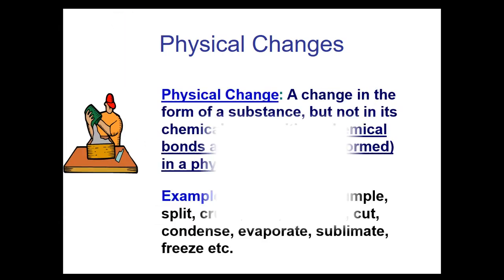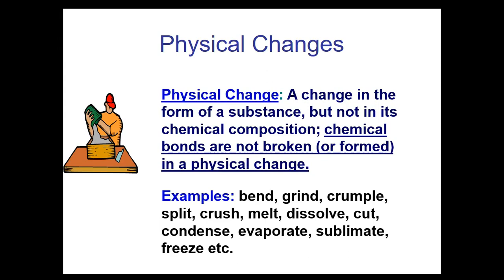Okay, so now let's go over physical changes. When we talk about physical changes to a substance or to a mixture, this is just changing the form of what we have, but not what it's made up of, not its chemical composition. When we have a physical change, no chemical bonds are broken and no chemical bonds are formed, so what we have is not changed.